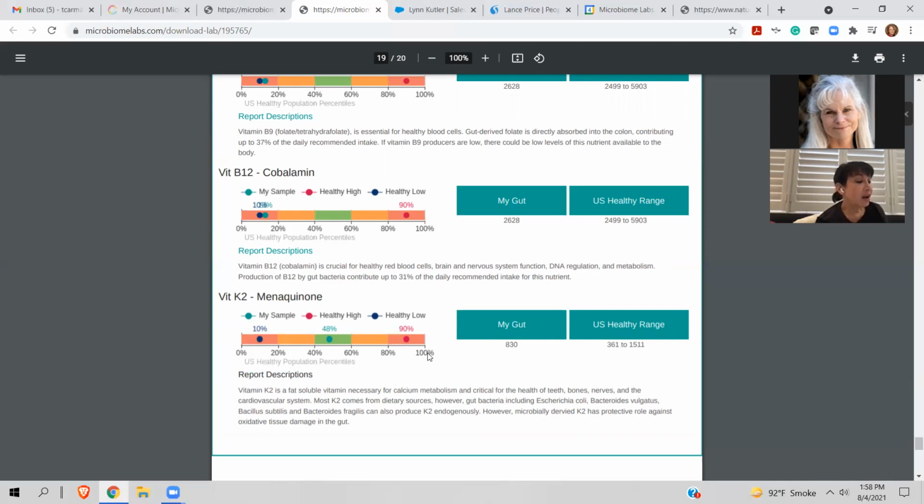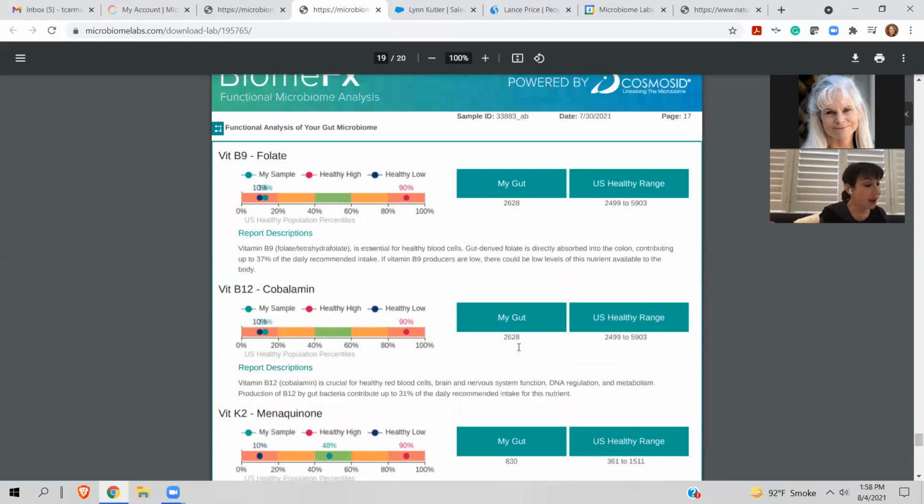So sometimes it reflects on the human host, but most of it is just a reflection on how well, again, those community leaders are performing in the gut. Oh, so this is not just about systemic vitamins. This is about the use of the vitamins in the gut themselves. Oh my gosh. Yes. Okay. Fascinating.